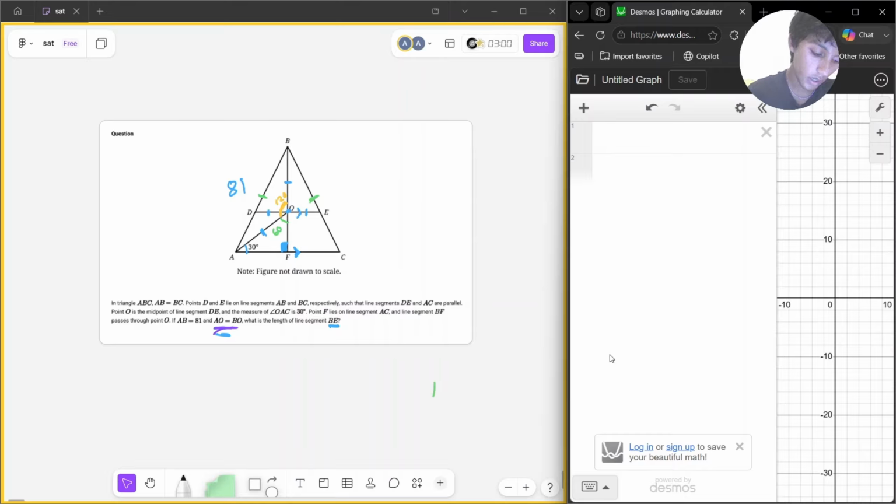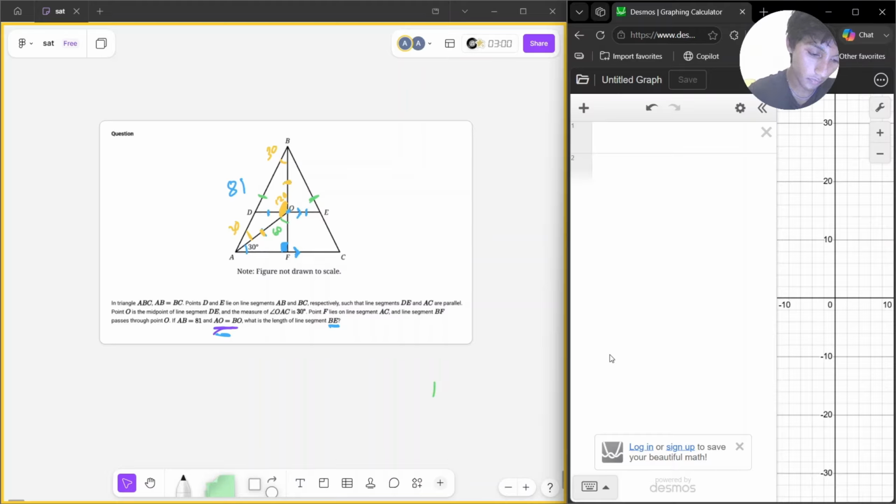Now this is the big part. We know that this is 120, and we also know that this is an isosceles triangle. AOB is an isosceles triangle because AB and AO are the same length. So if this is isosceles 120, this has to be 30. So we have 30, 30.